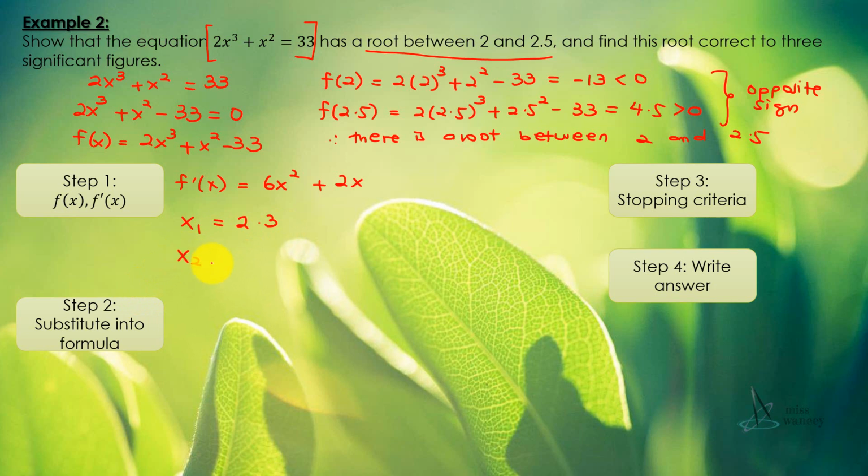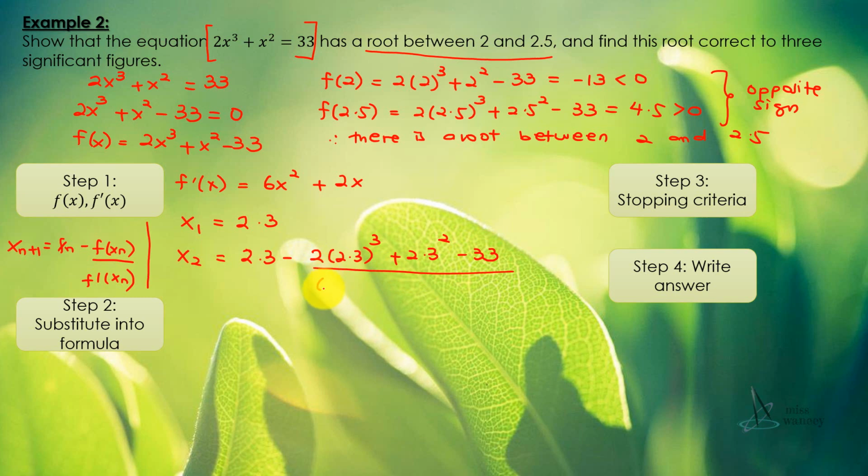For x2, we know that x(n+1) is equal to xn minus f(xn) over f prime(xn). Substituting, we get 2.3 minus 2 multiplied by 2.3 cubed plus 2.3 squared minus 33, over 6 times 2.3 squared plus 2 multiplied by 2.3.